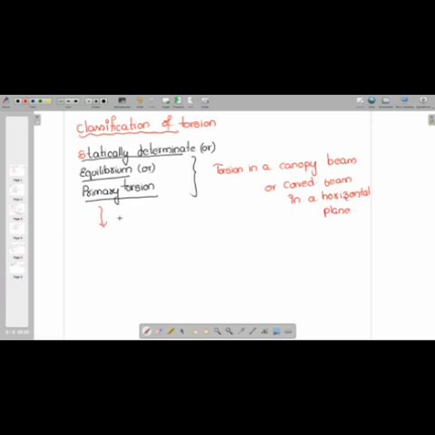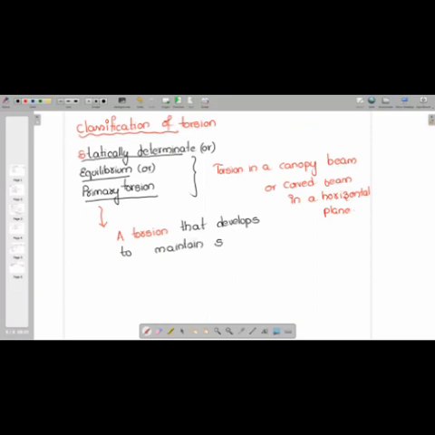A torsion that is developed to maintain static equilibrium in the structural assembly is known as primary torsion, or static or equilibrium torsion.